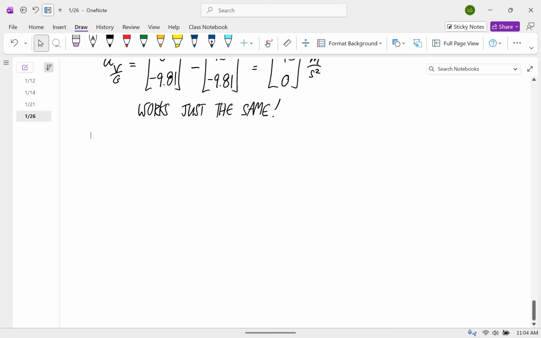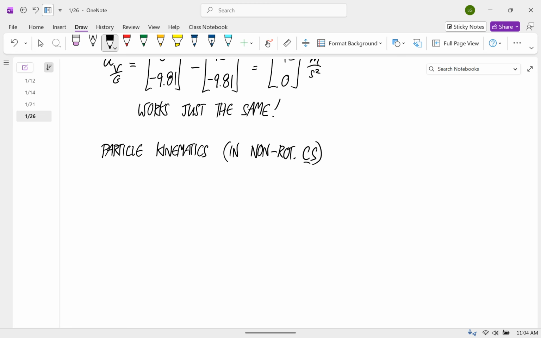Okay, so now here's where we are. Particle kinematics in non-rotating coordinate systems. We have the derivative relationships that say acceleration is equal to v dot is equal to p double dot.